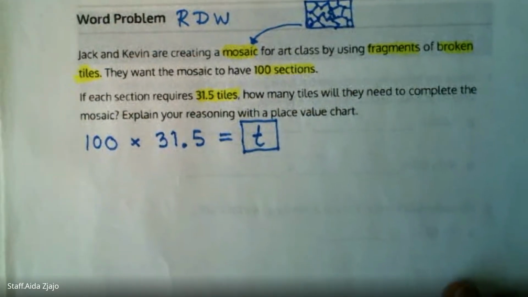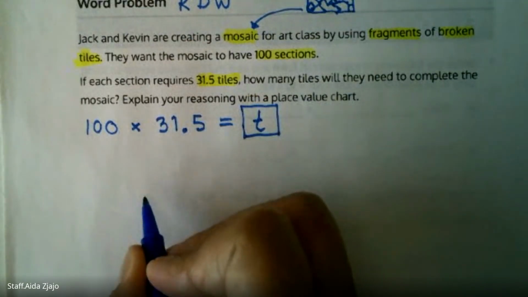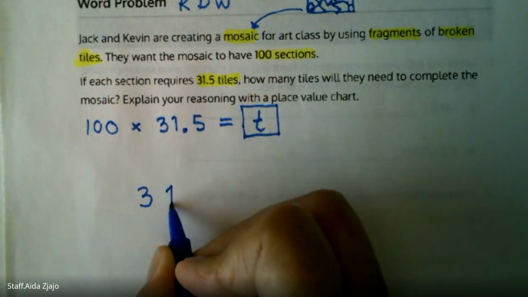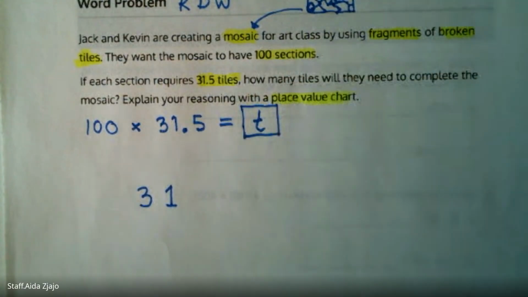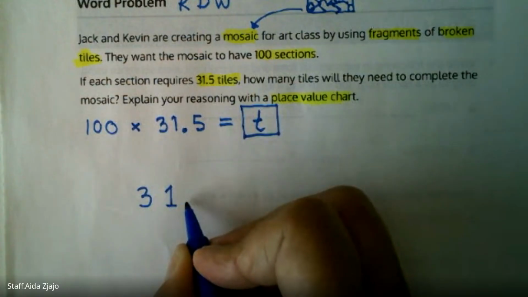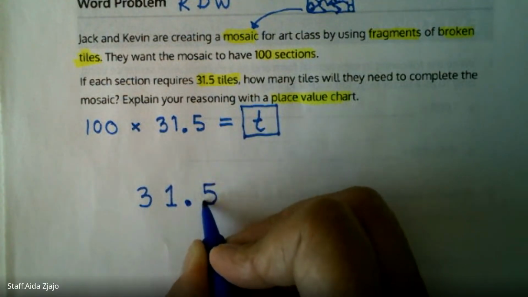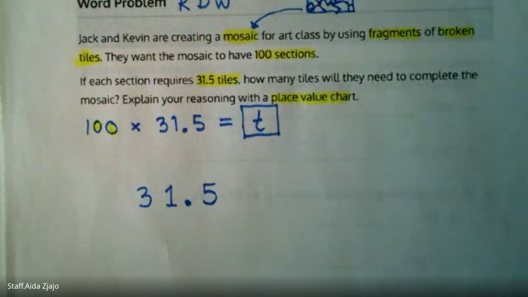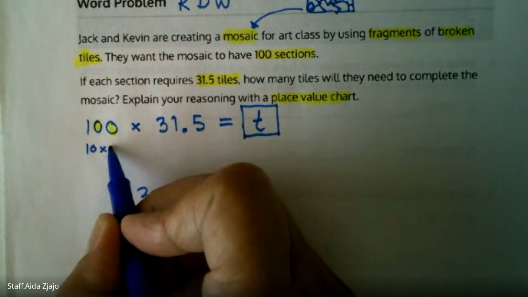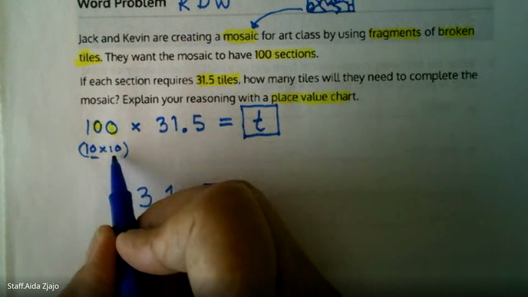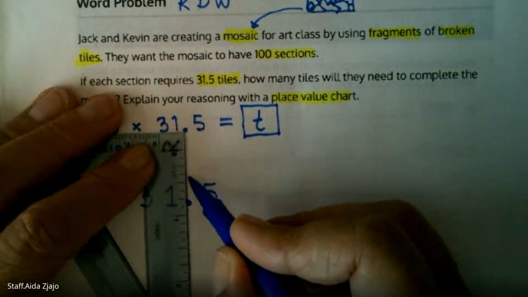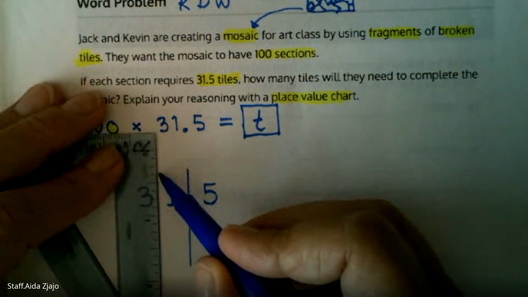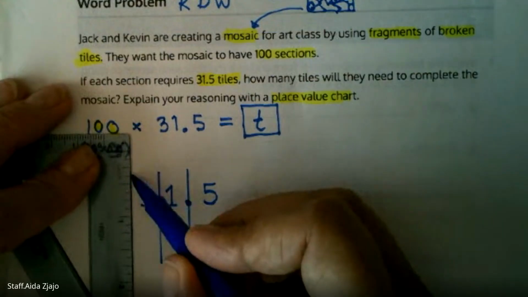So if we use our strategy of making a place value chart, I'm going to recreate 31 and 5/10. The number is going to get 100 times bigger, so that means it's going to move twice because 10 times 10 is 100. It's going to move to the left because the number is going to be greater.